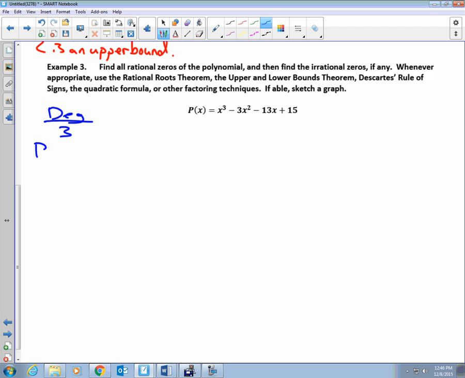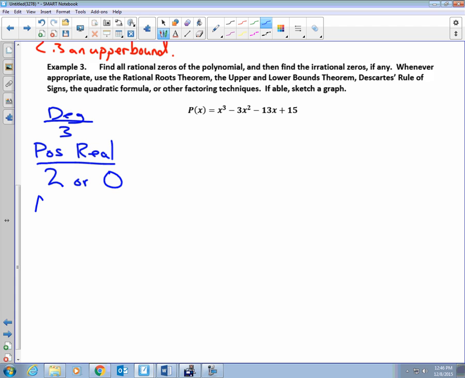And so we're going to look for the positive real. And I do that by looking for the number of sign changes. How many sign changes do you see? 2. So there's either 2 positive real or 0. So less by a factor of 2.